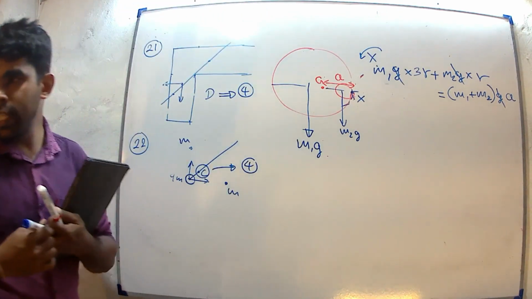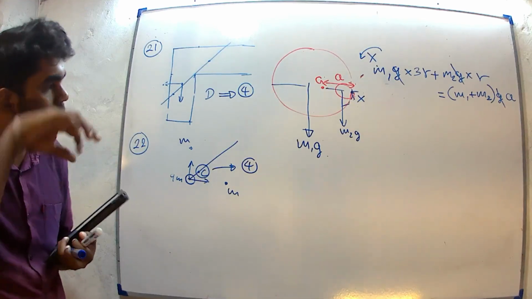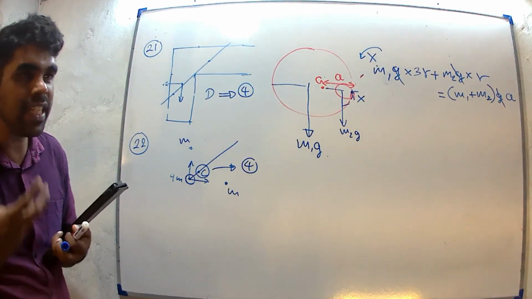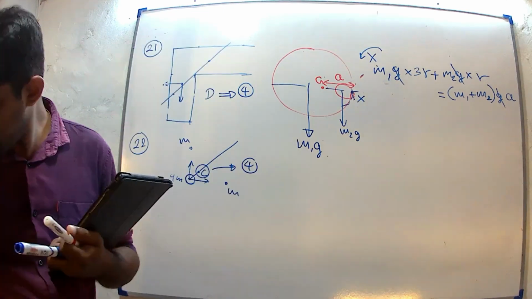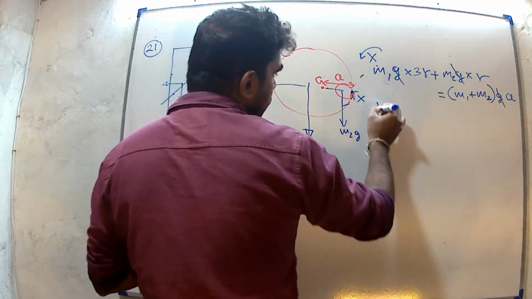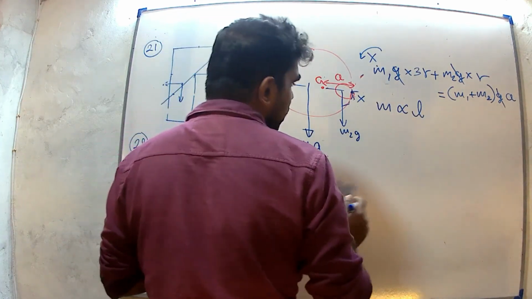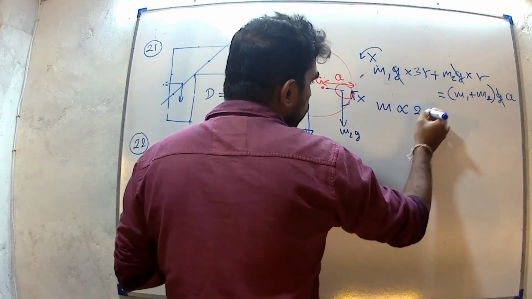Now, it is a thin wire. This system is made using a thin wire. Therefore, mass is directly proportional to length. Length means 2 pi r.